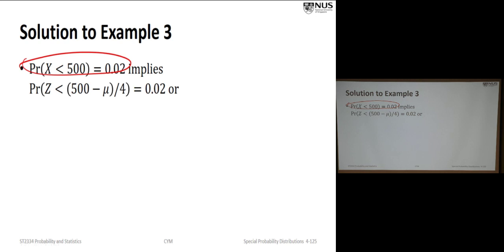So I convert it to a standard normal by minus the mean divided by the standard deviation. We know the standard deviation is 4, so I replace it by 4. So now the left-hand side becomes a standard normal. The right-hand side involves some unknown. The unknown is mu. So it is 500 minus mu over 4.